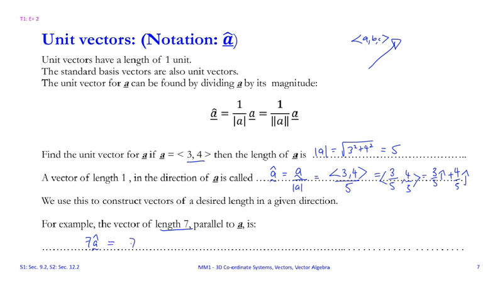So 7 times (3/5, 4/5), which will give us 21/5 and 28/5, or 21/5 i plus 28/5 j.